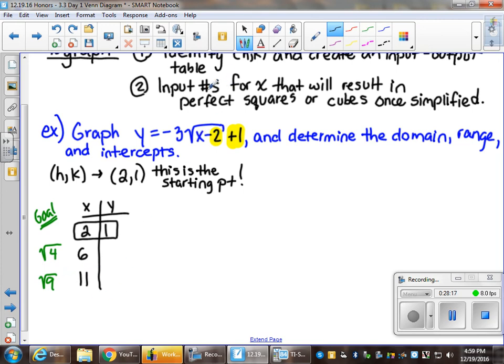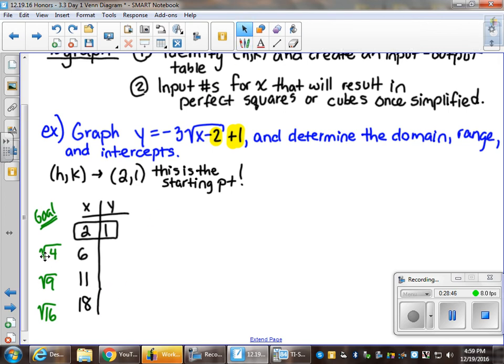That's what we're saying by input: strategically pick inputs for x that will result in perfect squares. Let's get one more. After the square root of 9, 2 squared is 4, 3 squared is 9, 4 squared is 16. That's the next possible perfect square. What would get me 16 underneath here? Well, if x was 18, that would happen.